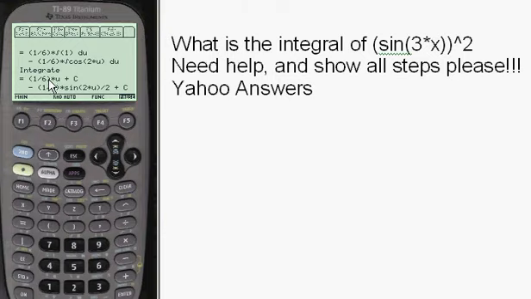So 1/6 times u, and I always add the plus c because anytime you're integrating without a definite integral, you're always using plus c. Okay? Minus 1/6 times sine of 2u divided by 2, that's the integration of cosine of 2u. So now we've got something else to multiply here, okay?